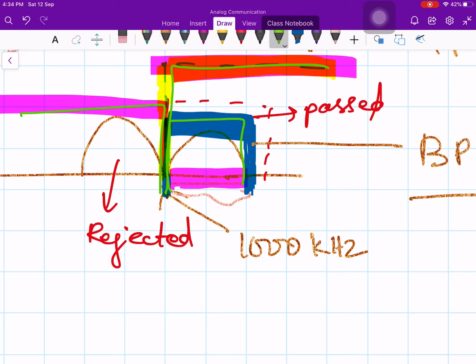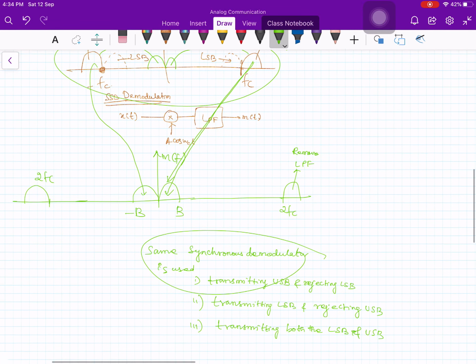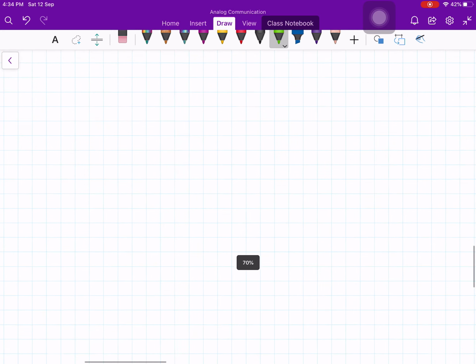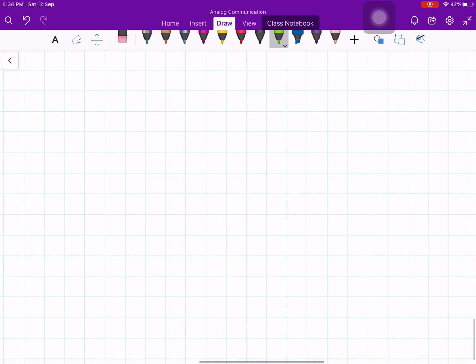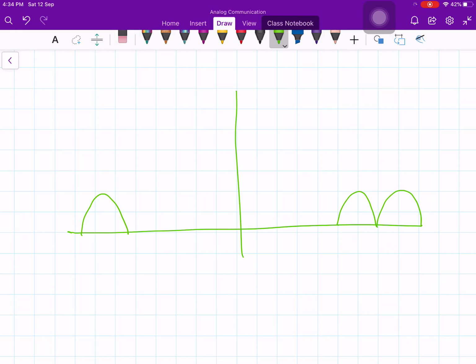Suppose you decided to retain the lower sideband. Let me draw again one more time, because this is a little confusing topic. Suppose you decided to retain the lower sideband and remove the upper sideband.